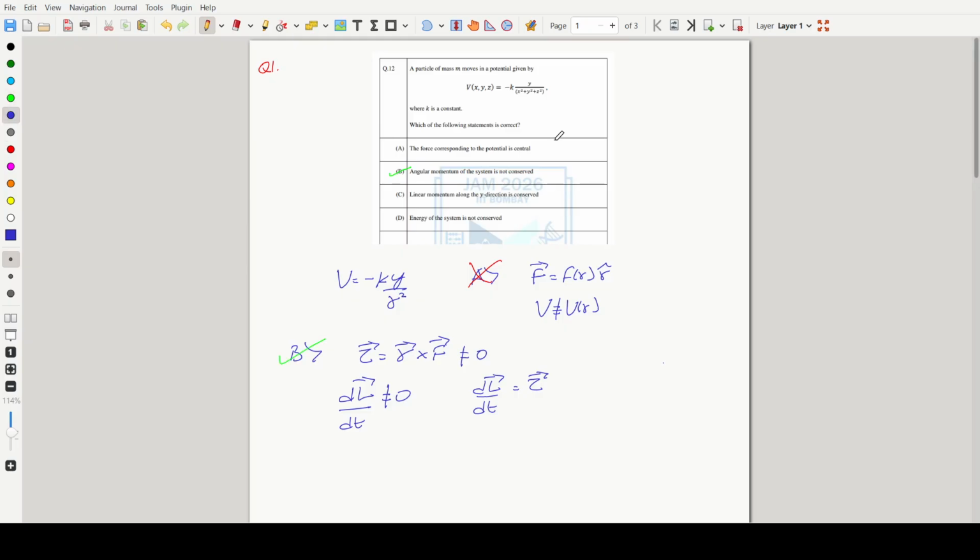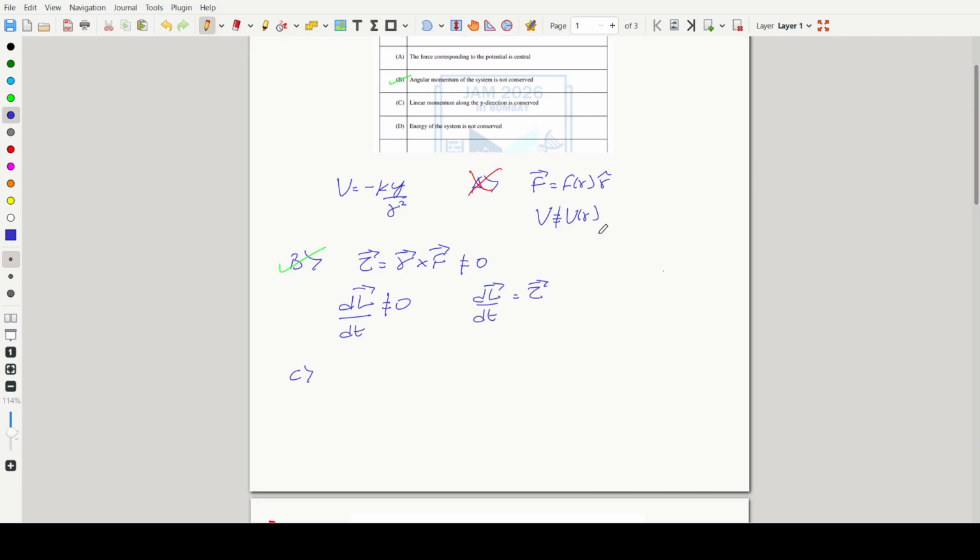Now checking option C, they're asking whether linear momentum is conserved in the y direction. So we have to check if dpy by dt is zero or non-zero. In order to do that, I'll use the definition that force is the negative gradient of potential.